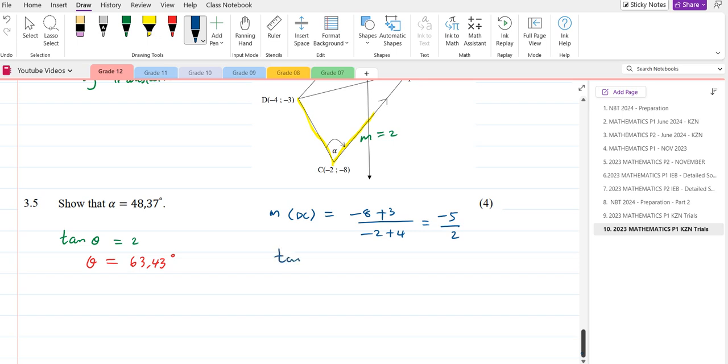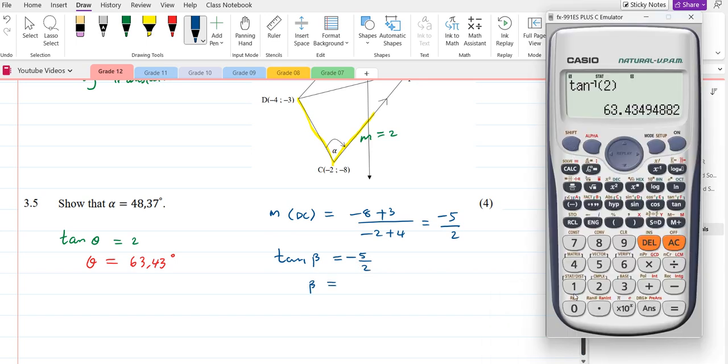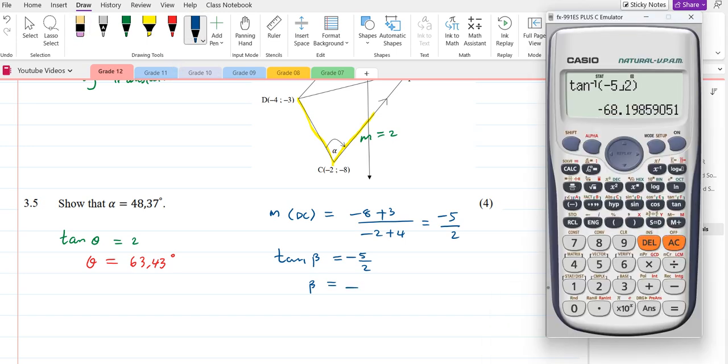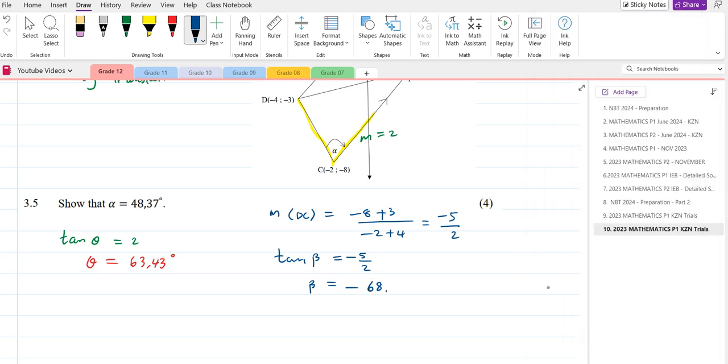So now I say tan beta is equal to negative 5 over 2. So beta angle is now 180 minus tan inverse, or you can say shift tan minus 5 over 2 and just add 180. So let's see what answer we're getting. Negative 68,20 plus 180. If you're going to take out the negative, then you need to say 180 minus 68,20, the reference angle.